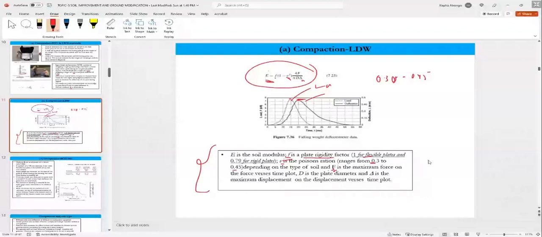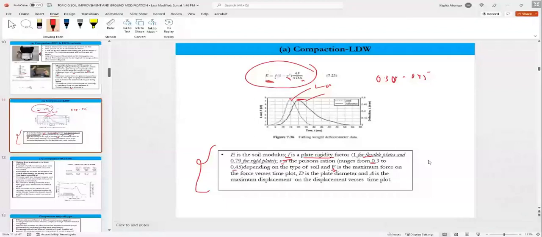And what do we use the elastic modulus of the soil for? Oh, very good. Elastic modulus is related to compaction. The higher the elastic modulus, the stronger the material.